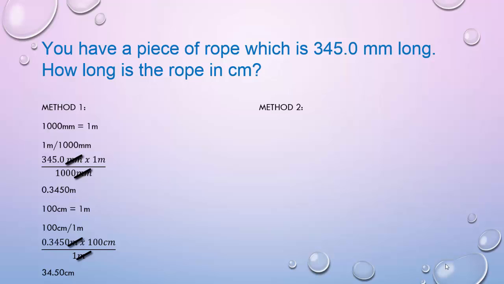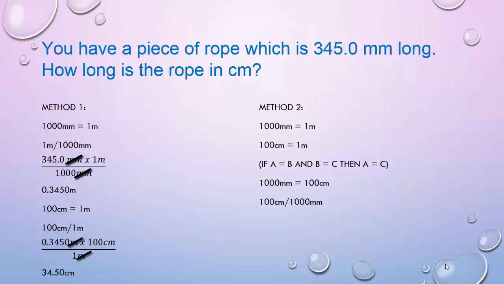Method number 2, we know that 1,000 millimeters equals 1 meter. We know 100 centimeters equals 1 meter. And you probably remember, if A equals B and B equals C, then A equals C. So if 1,000 millimeters equals 1 meter and 100 centimeters equals 1 meter, then we can state that 1,000 millimeters equals 100 centimeters.